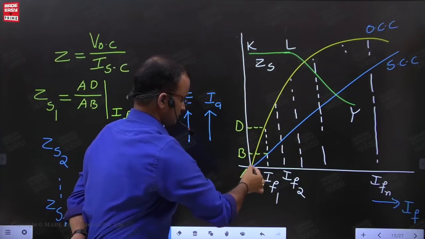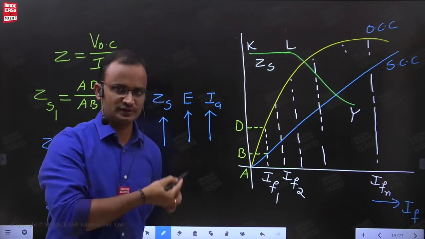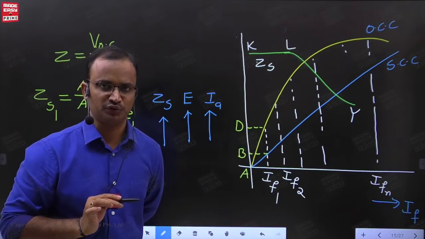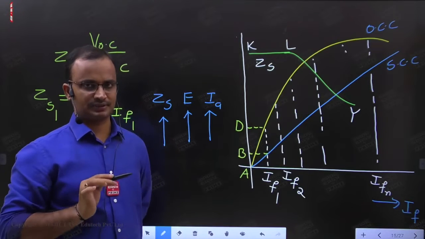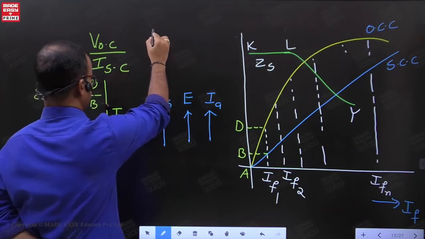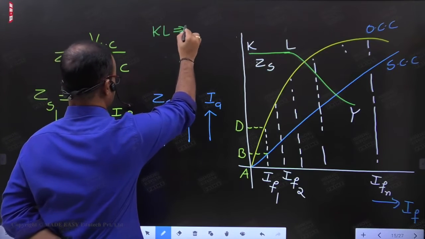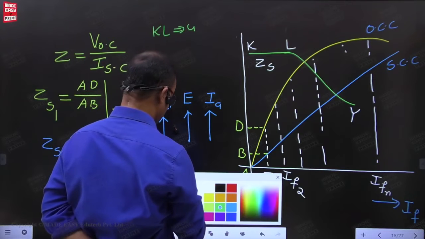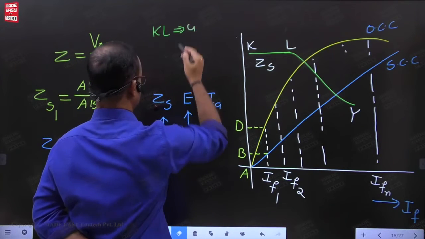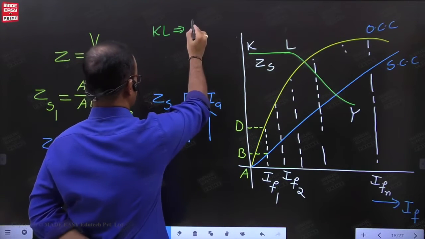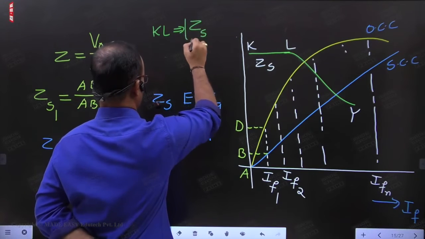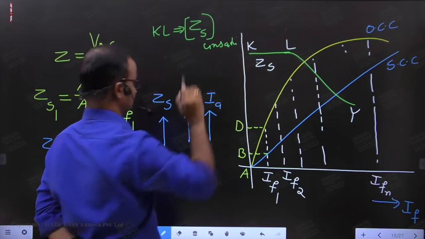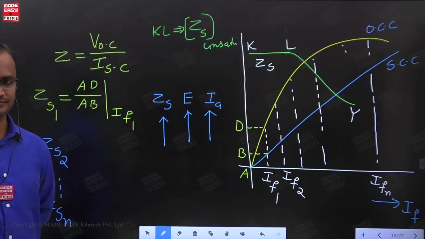For low field currents, the OCC is approximately linear, and the ACC is also linear. Then we use what is called the unsaturated synchronous impedance. In this example, for the corresponding KL, the impedance that you are reading here, the common name for this one is unsaturated synchronous impedance.